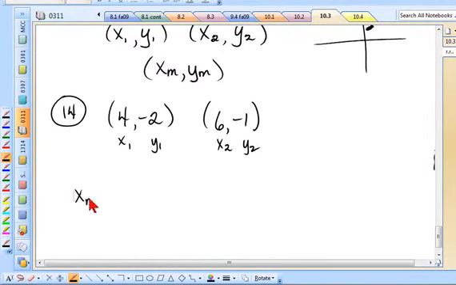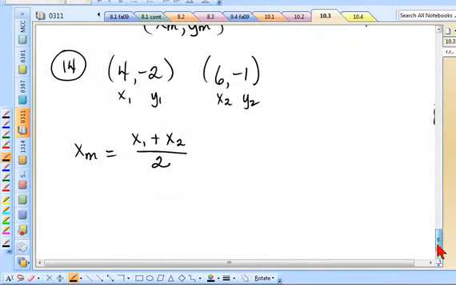All right, the x-coordinate of the midpoint is x1 plus x2 divided by 2. It's like the average of the x's. So it is 4 plus, sign this time, 6 over 2, which gives me 10 over 2, or 5. The x-coordinate of the midpoint is 5.